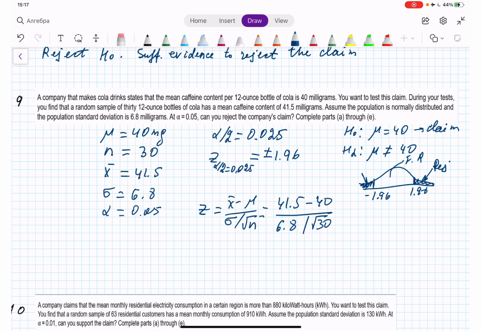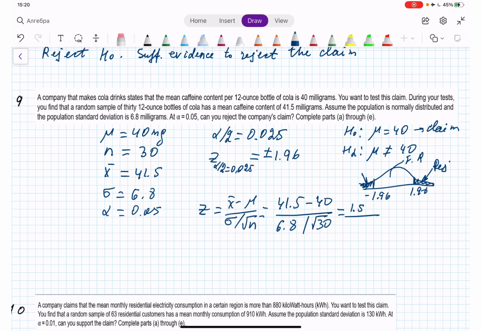Okay, let's see how much we're going to get. So 41.5 minus 40 is going to be equal to 1.5. And we are going to divide by the square root of 30.